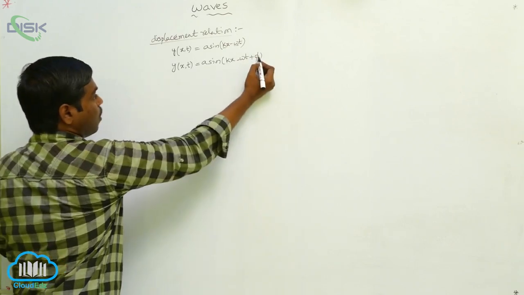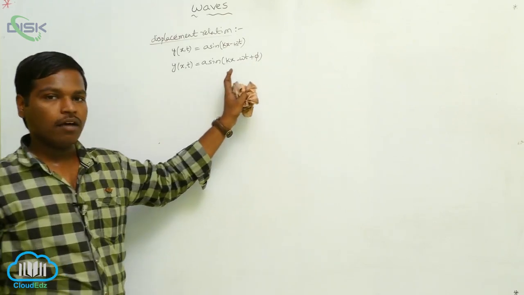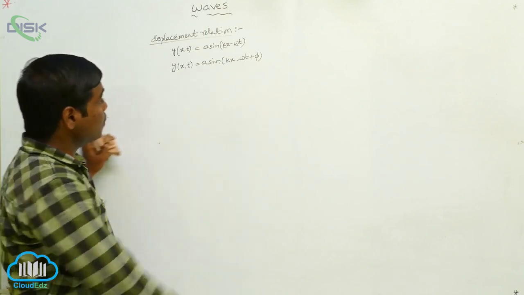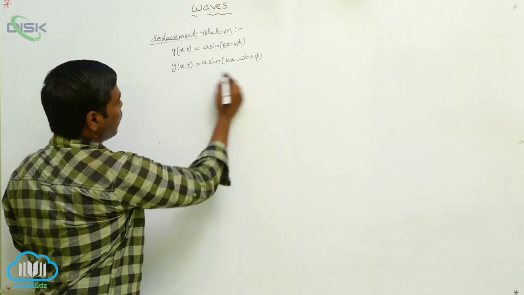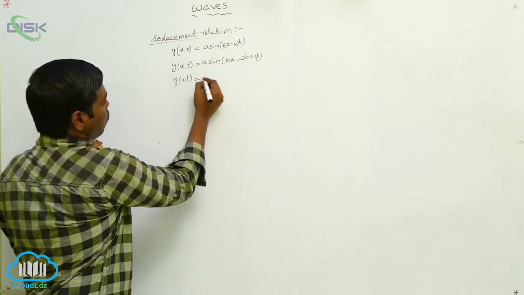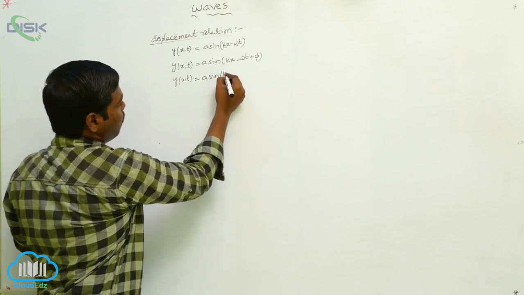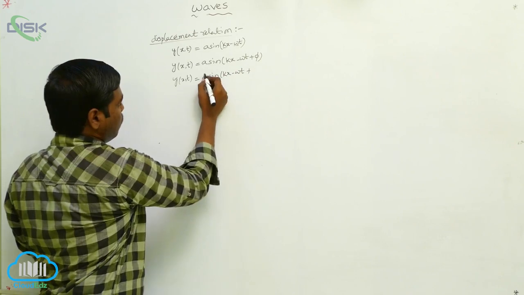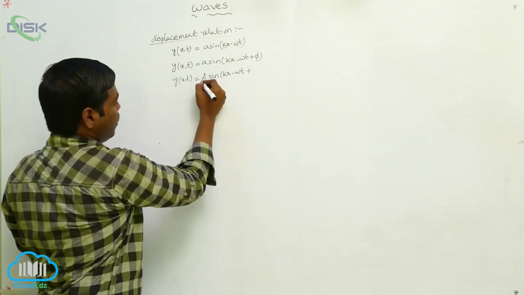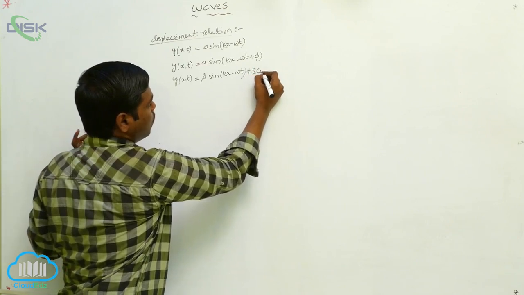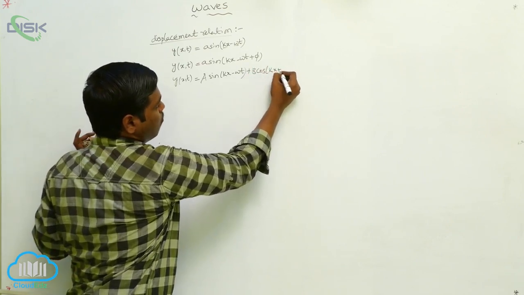Here this phi is called the phase of the wave. This periodic function we can write again as y of x comma t is equal to a sin(kx minus omega t) plus b cos(kx minus omega t).